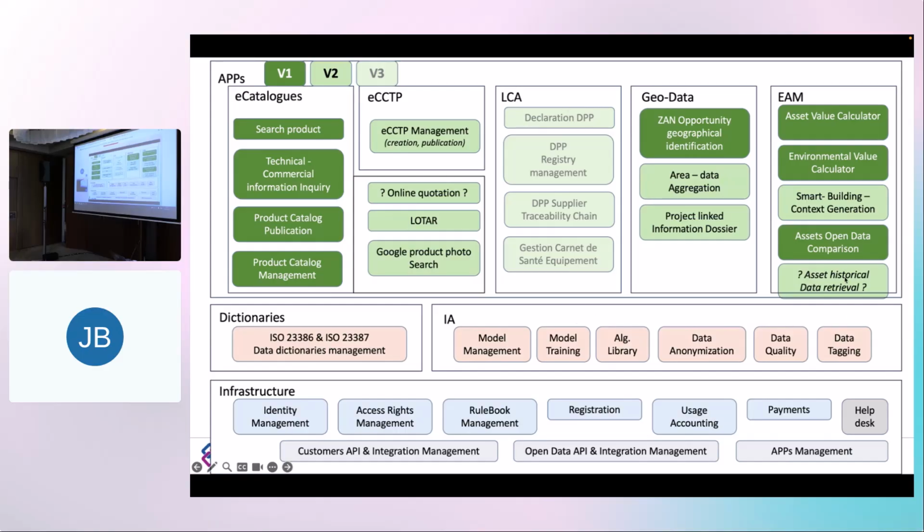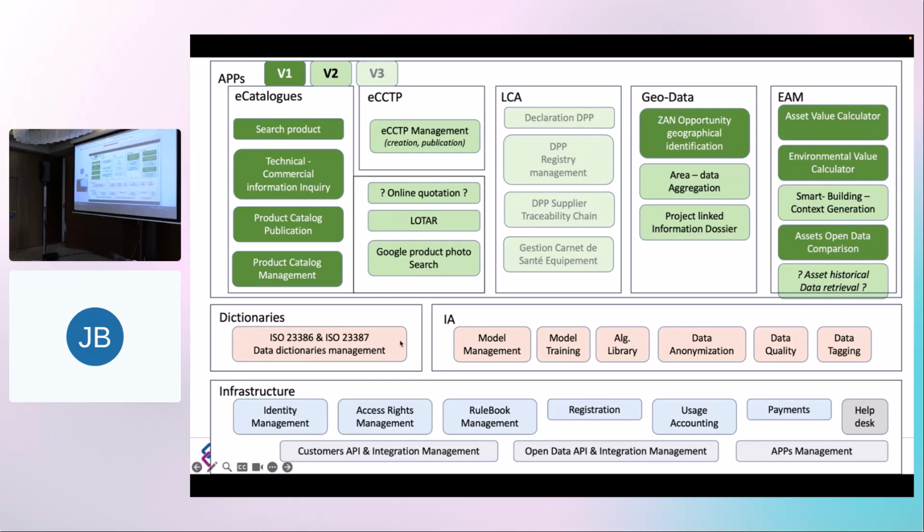And the last thing, on the right side, is how do I help real estate managers, based on all this information on the catalogs, the DPP, and the products, services and components, to take the right decision when they want to update and renovate a building, so they can have renovation plans and renovation strategies which can be set up based on the data from the products.